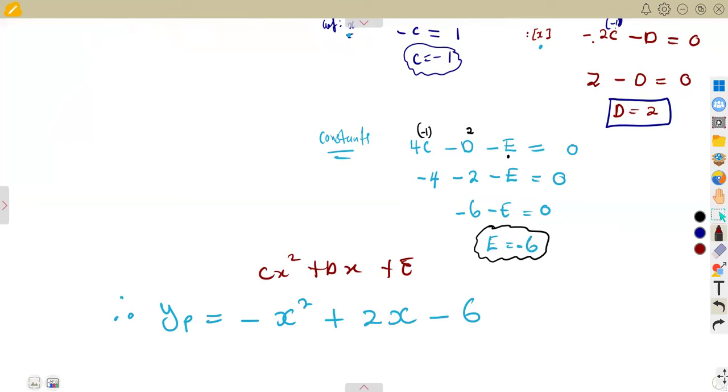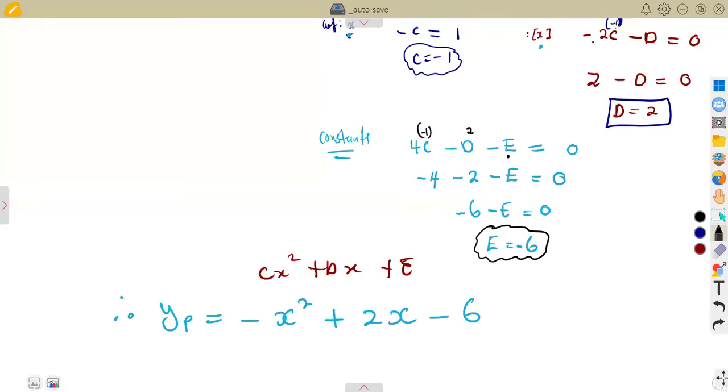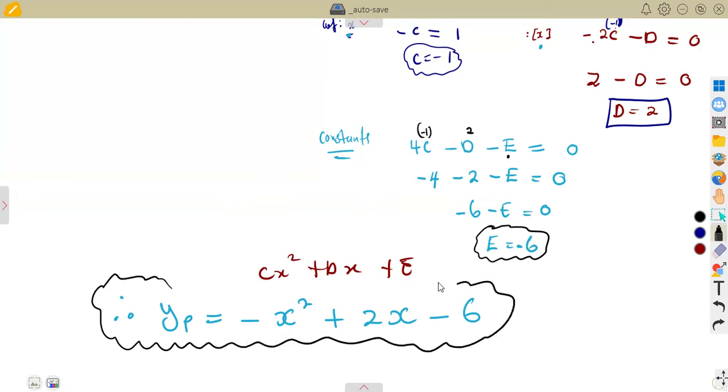So this is always like that in each and every question that you are going to attempt. All right, sorry for that, guys. So the particular integral, this one that we are given here, is always like that.